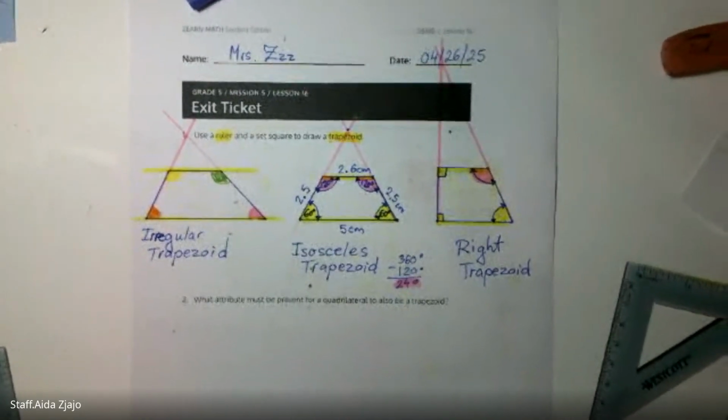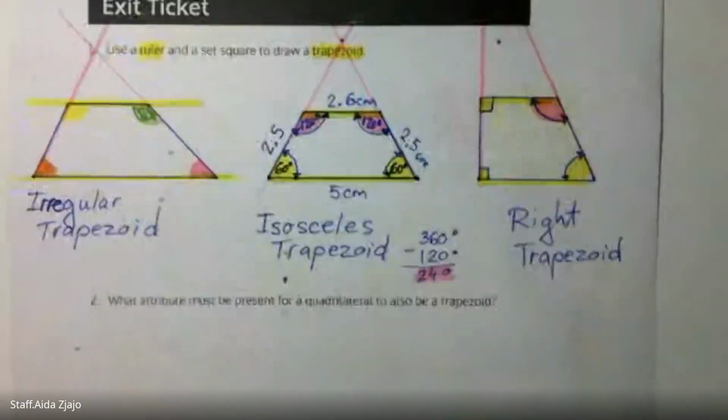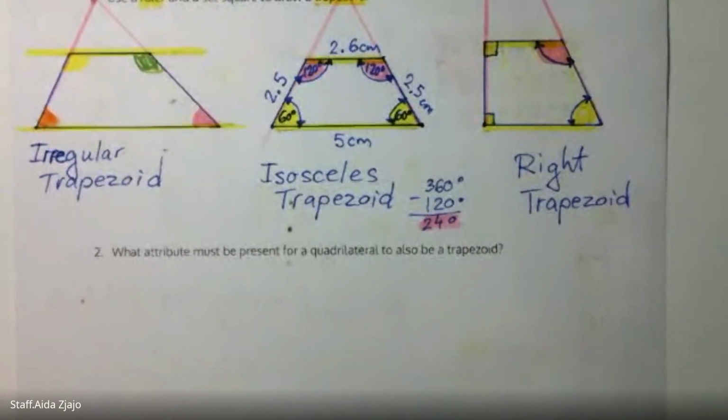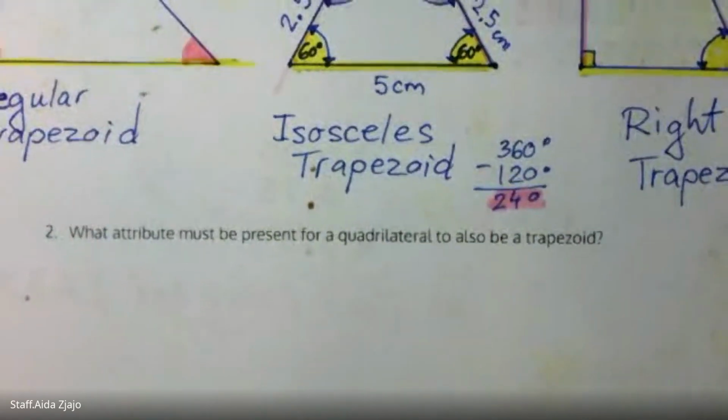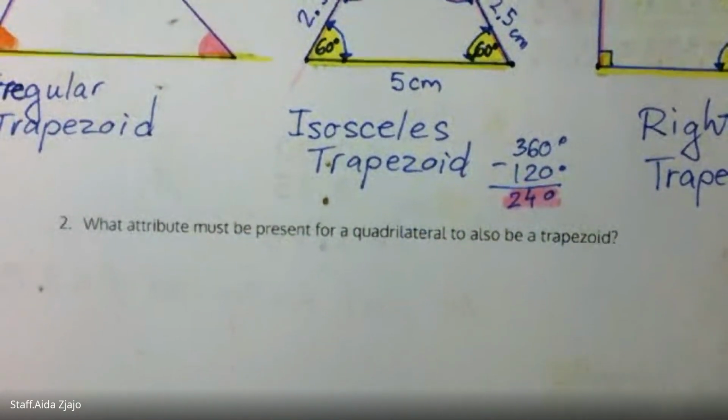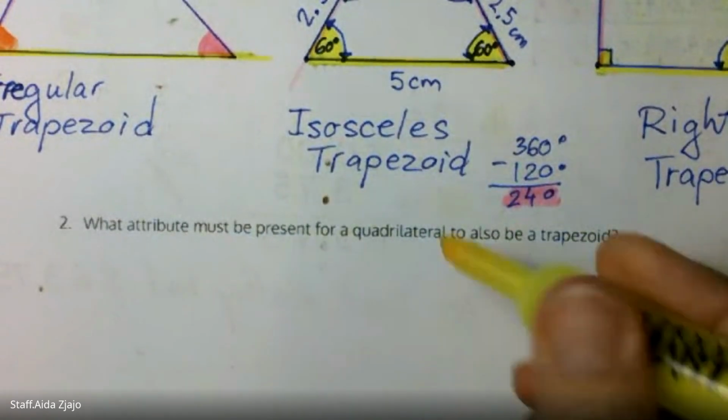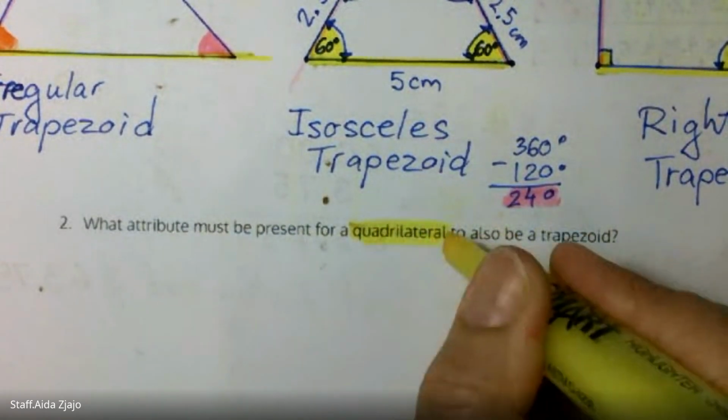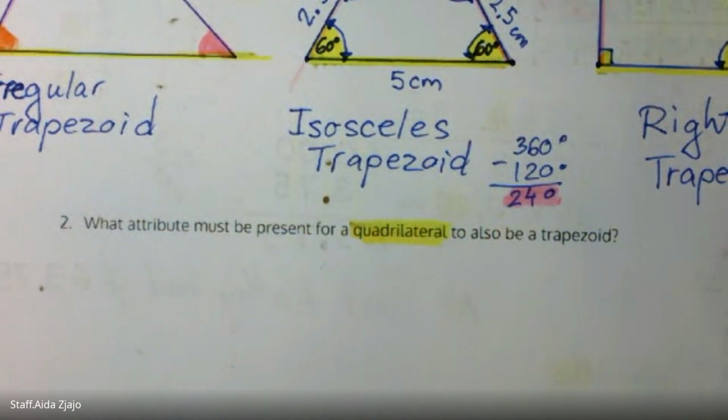But then we're not done. There is another question that we need to answer. It says, what attributes must be present for a quadrilateral to also be a trapezoid? I talked about that before.